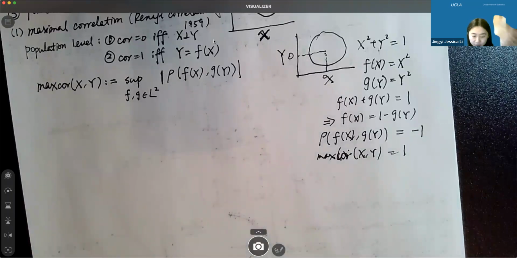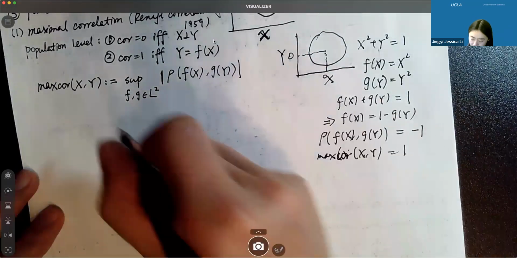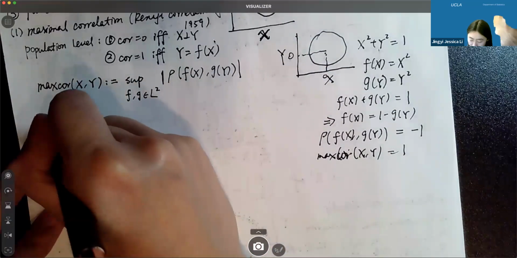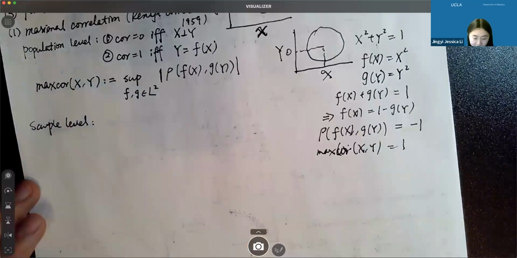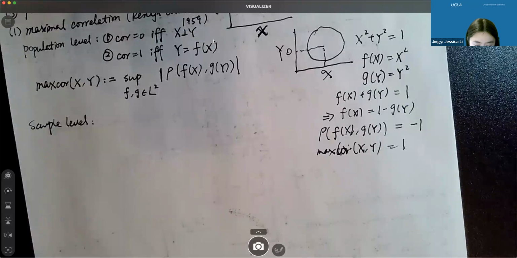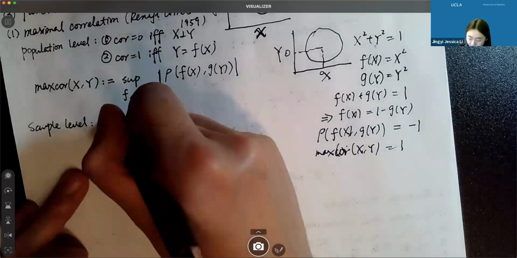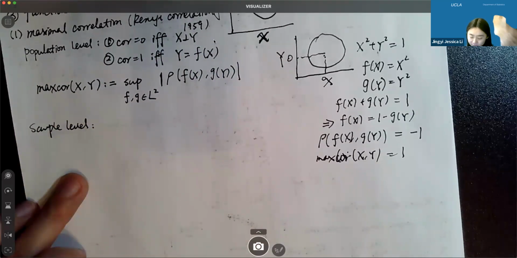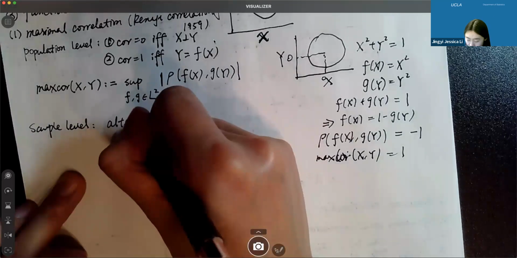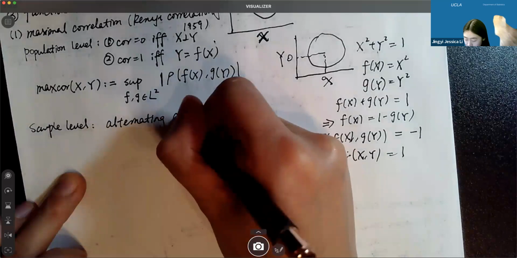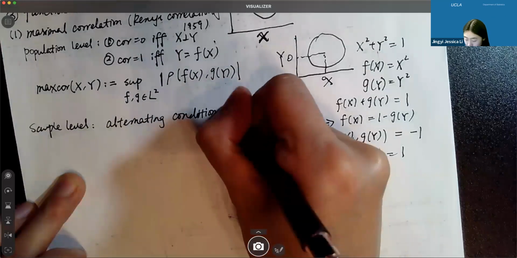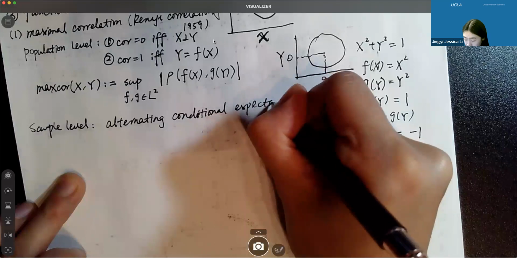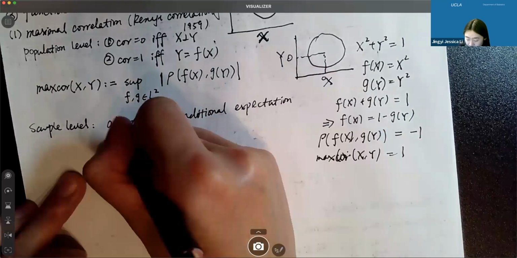Thankfully, there was a very interesting paper, which I call sample level, published in 1984, I think, or 1985. That is called alternating conditional expectation. It provides a way of approximating this maximal correlation definition at a sample level. It's called alternating conditional expectation, short as ACE.